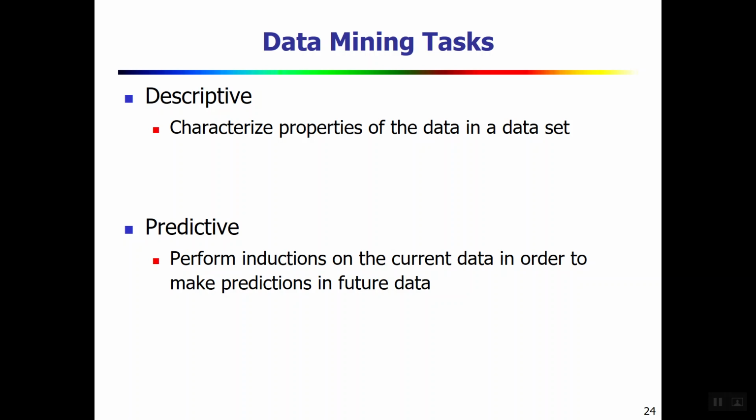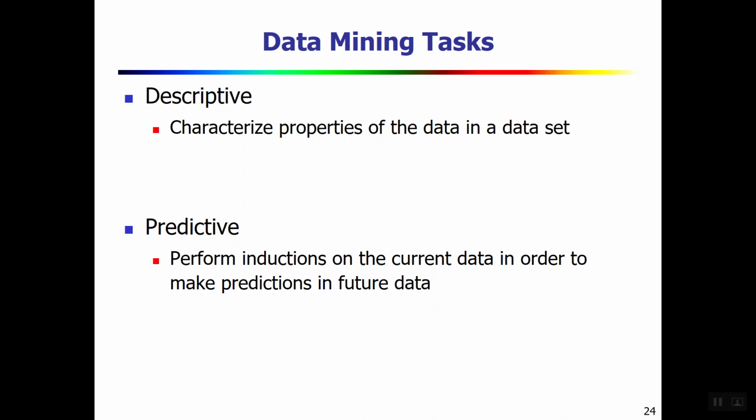One is descriptive, another is predictive. As the name suggests, descriptive data mining tasks focus on characterization, finding characteristics of the classes that you're interested in and how those classes compare to other similar classes.